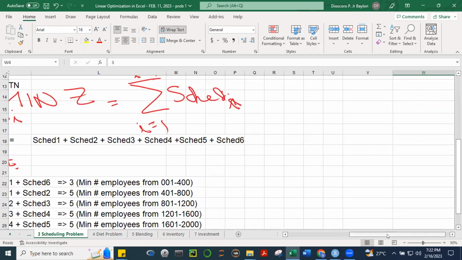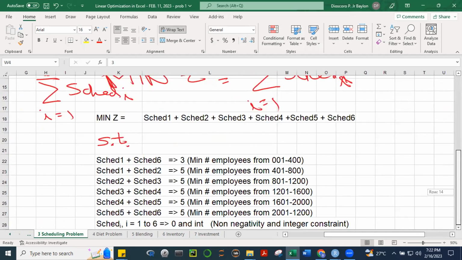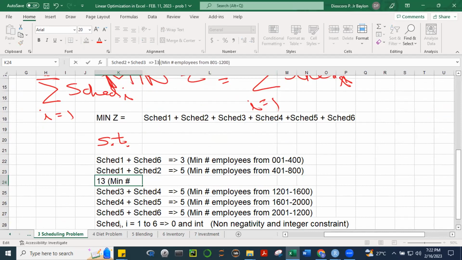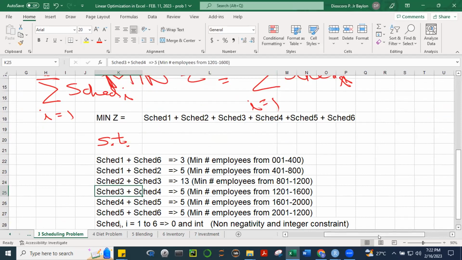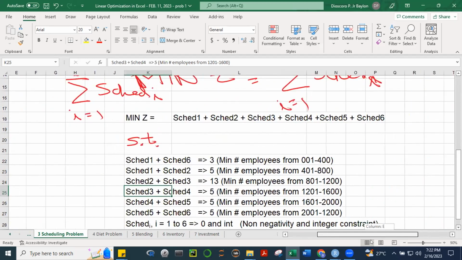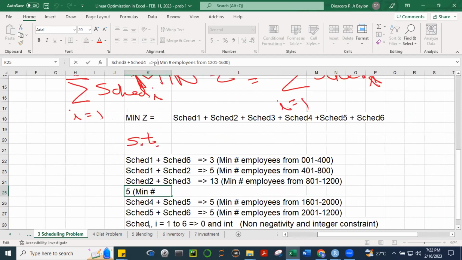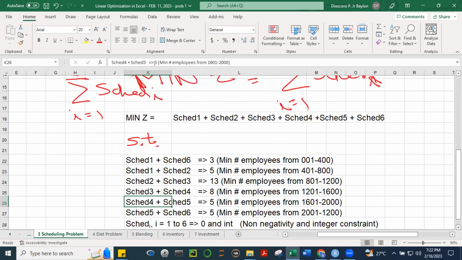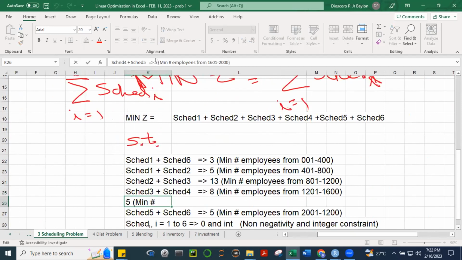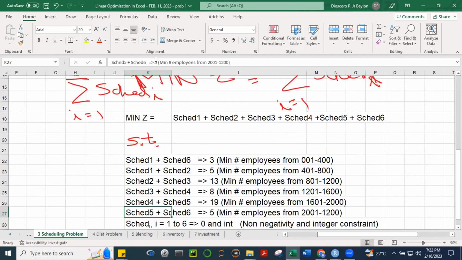What's the next one, class? Is it 13? 3, 5, 13. Let me correct that: 8, 19, 10. This one is 8, 8, and then 19, and then 10.